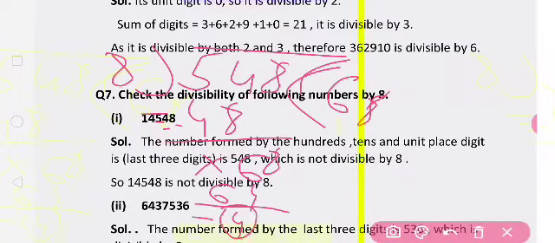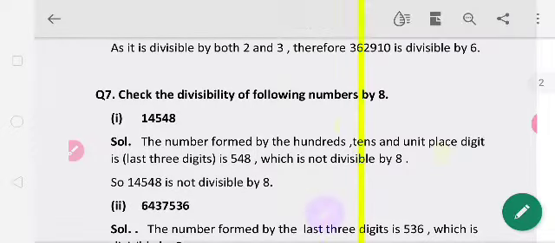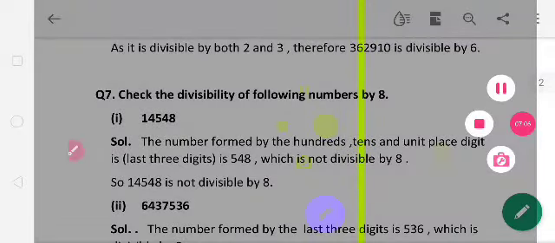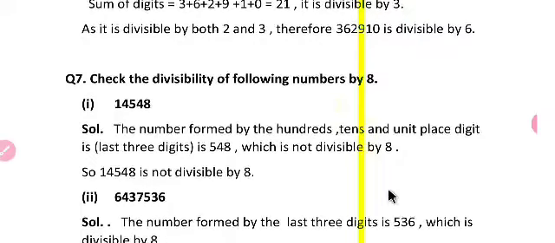It means it is not exactly divisible. So if 548 is not divisible by 8, then you can say that 14,548 is also not divisible by 8, as 548 is not divisible.